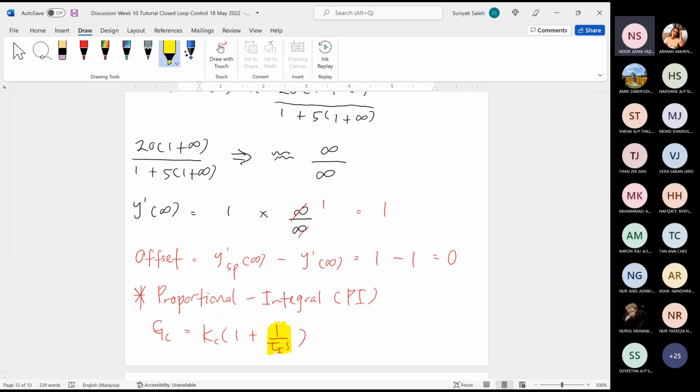When you have the 0 offset, it means the process can be maintained at the required value, which is your set point. Let's say you want to maintain the temperature at 500 degrees C, you use the PI controller. In the end, of course, you will get the offset equal to 0 because of the presence of the integral.